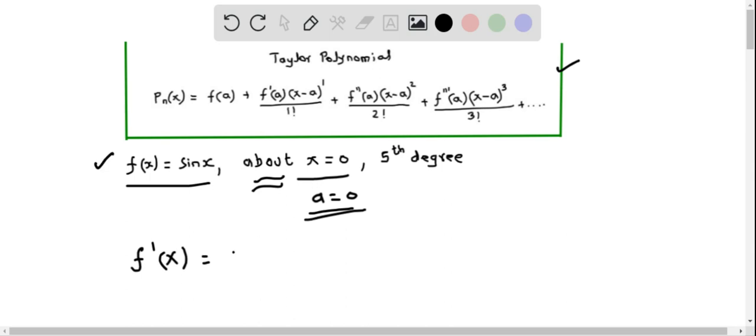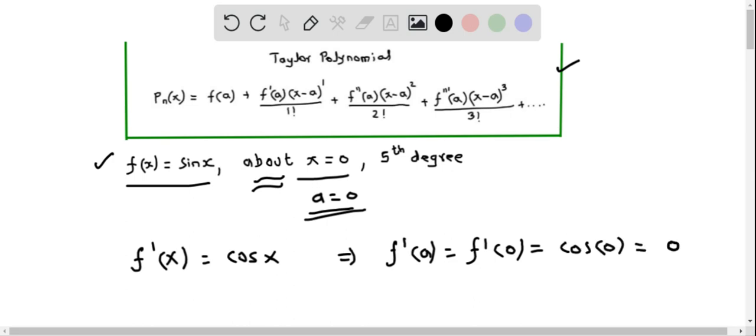The derivative of sin x is cosine x, so I write cosine x, and this implies we can find f prime of 0 by replacing x by 0 in cosine of x, so it becomes cosine 0 equal 0.